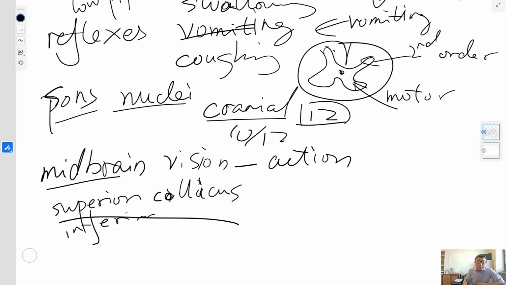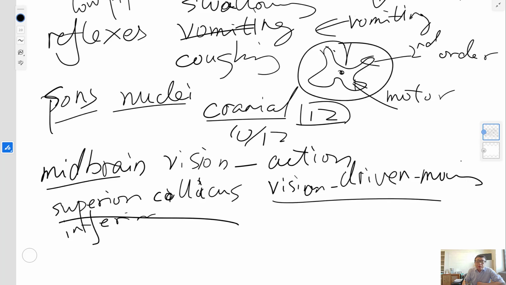For example, vision-driven movement. What does it mean? For example, if you try to use a finger to follow some moving part outside, sometimes your cerebral cortex, your consciousness, does not really have to pay attention to this.